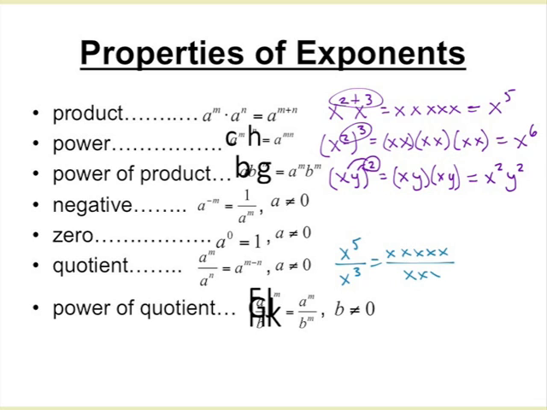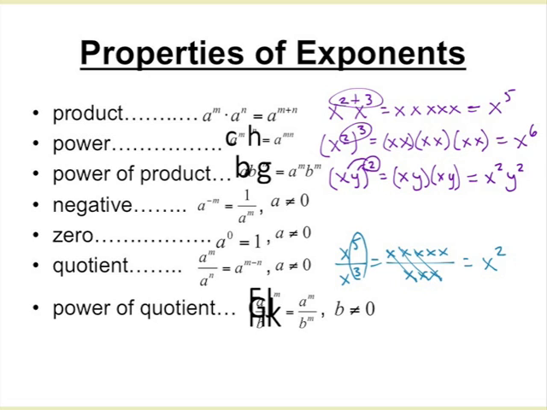X to the third is 3 x's. And then what can I do? Cancel out some of them, which leaves 2 x's. How could I have gotten there without... Subtract them. I could just subtract them without having to write them all out. So when we multiply, our product property said we add them. When we divide, we're going to subtract them.